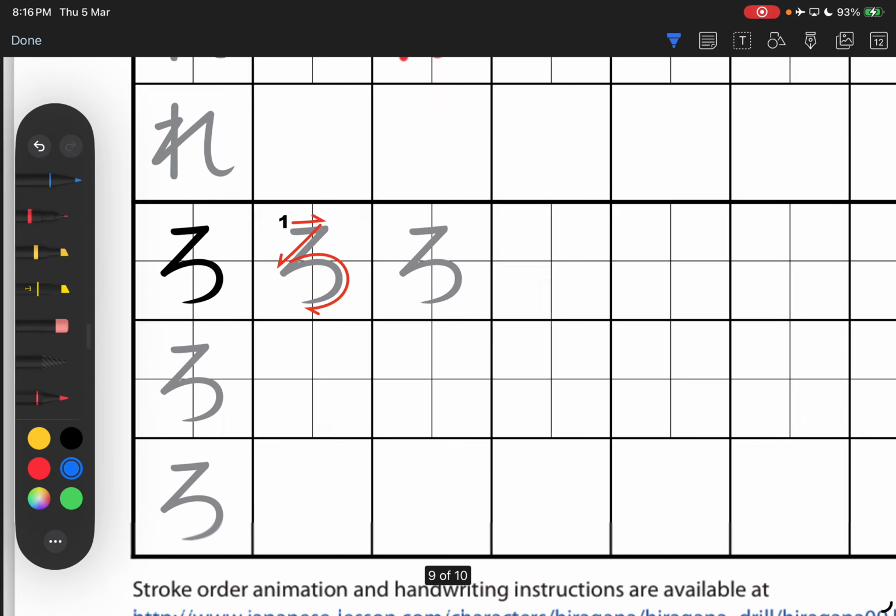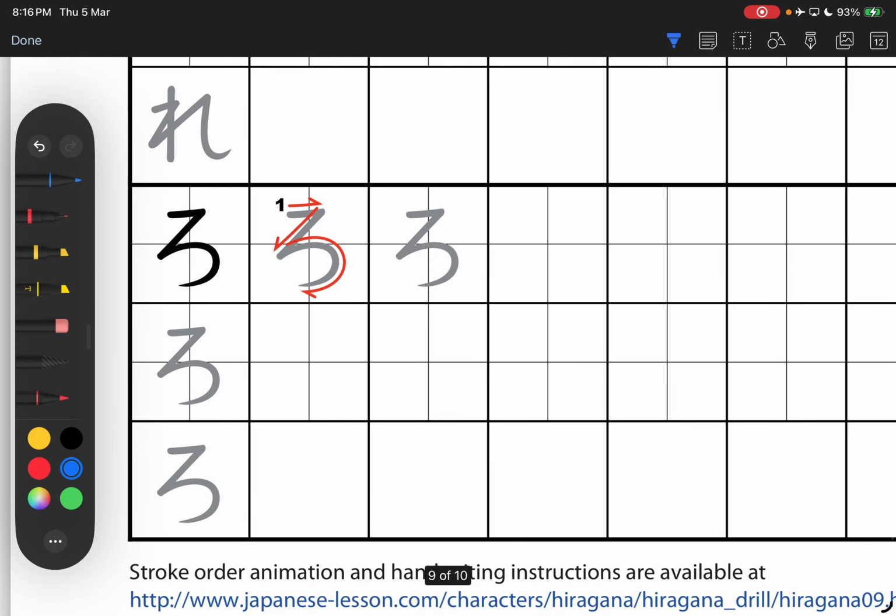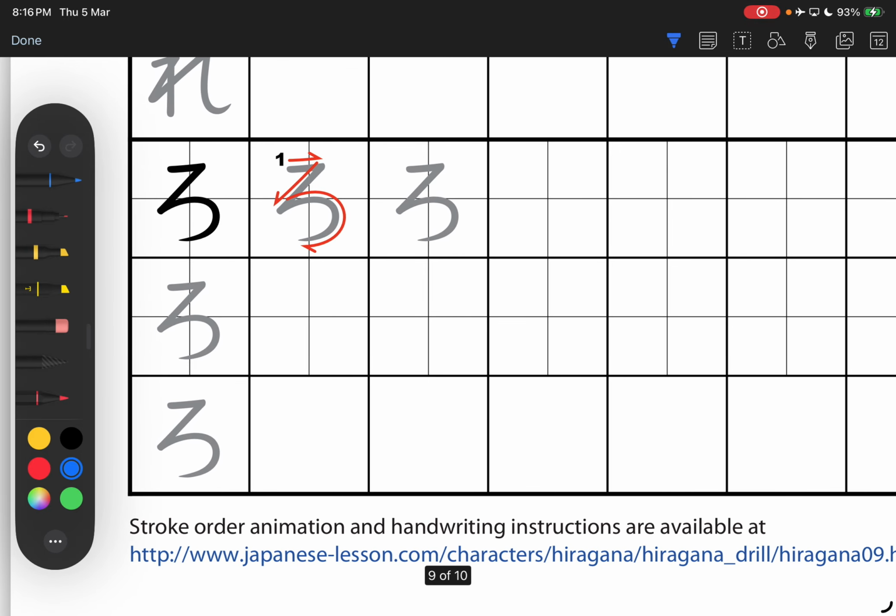Ro. Like our grandmother, they don't say roti, they say loti, L-O-T-I, roti. Alright, so L-O sound. This one is very similar to the Ru just now. The top is a Z and then a curve at the bottom.